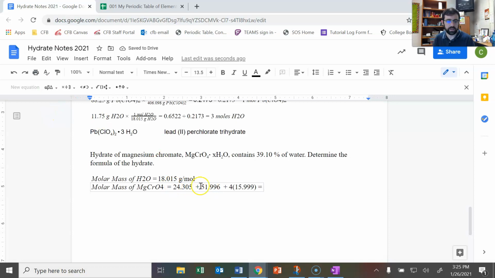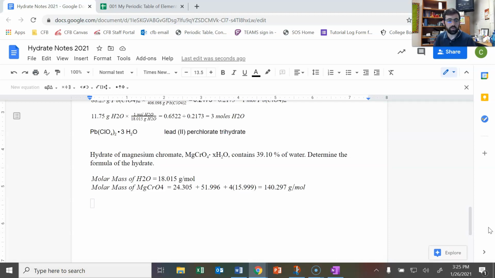All right, add those up and you will get 140.297. All right, so we've got our molar masses now.